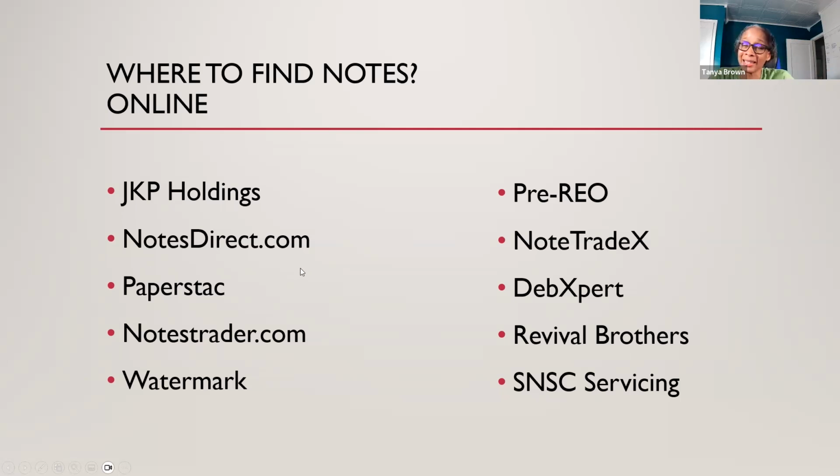But then again, if you happen to find one that's at 10% or so, and you want to broker it to one of these banks that are looking at 7%, you still can get a pretty decent spread. So I wouldn't discount Notes Direct. I go there periodically just to see what's happening or if there's anything of interest to me. But it's also a great way for you to practice and do due diligence.